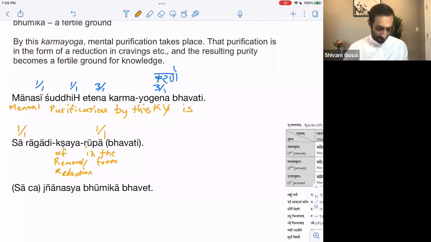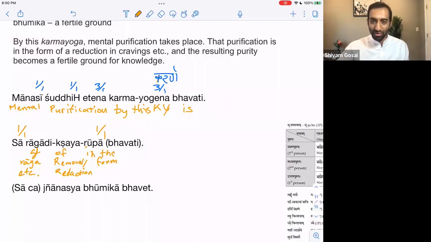Of raga, etc. So what is shuddhi? When we say chitta shuddhi, what does it mean?